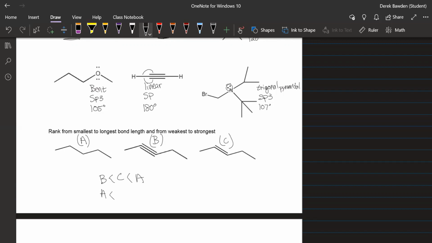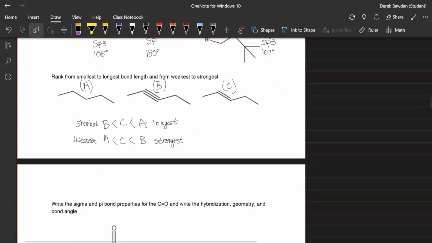Then our double bond next, and then triple bond is the strongest. So this is from shortest to longest. This is from weakest to strongest. Beautiful. Any questions on that?